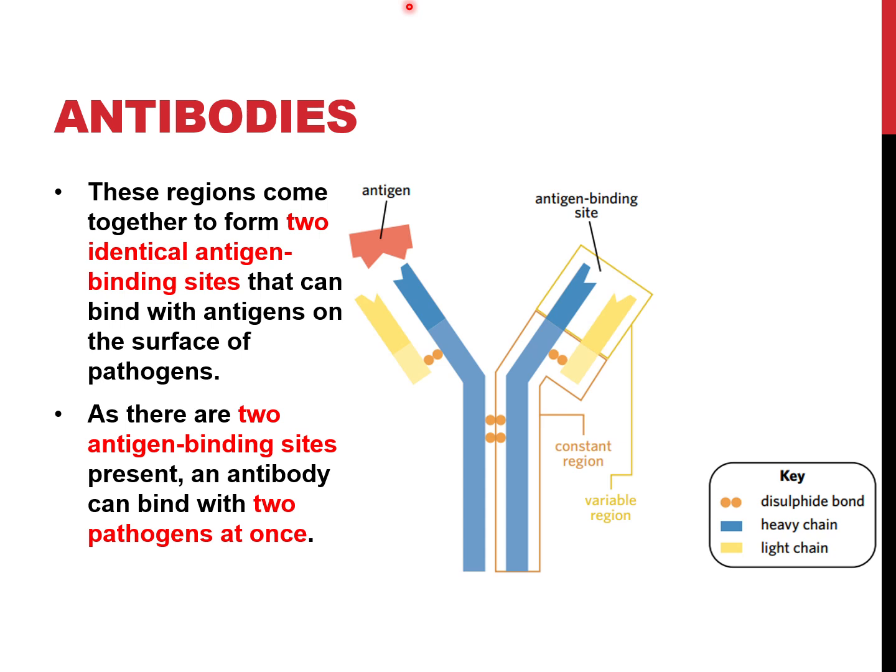So these regions come together to form 2 identical antigen binding sites, unless of course there's a specific antibody that we're looking at. And as there are 2 antigen binding sites, an antibody can bind to 2 different pathogens at once, effectively sticking them together, which is then used by many antibodies together to create a certain mechanism of destruction for those pathogens.